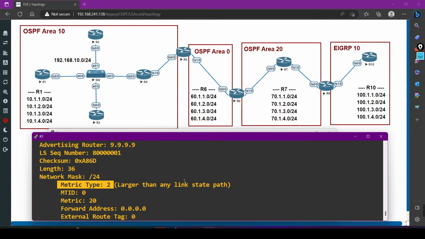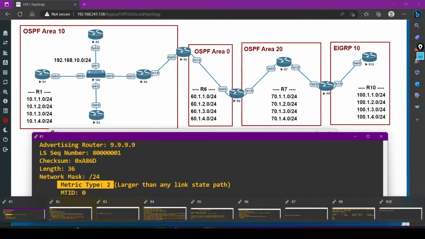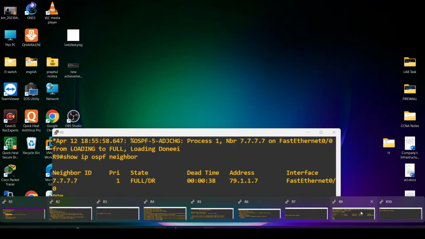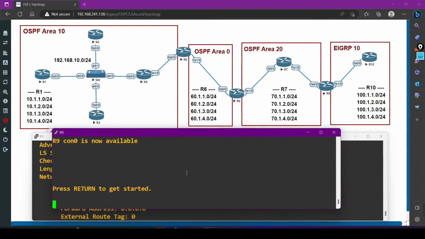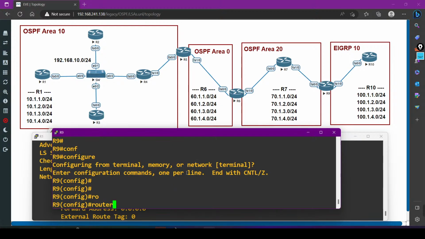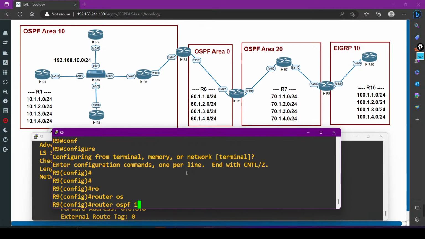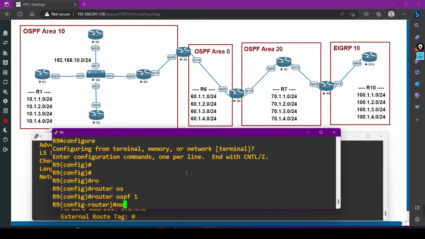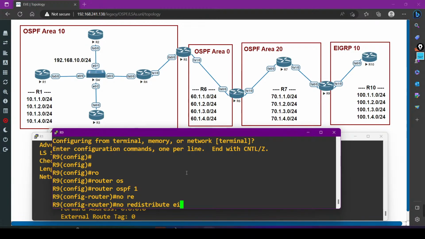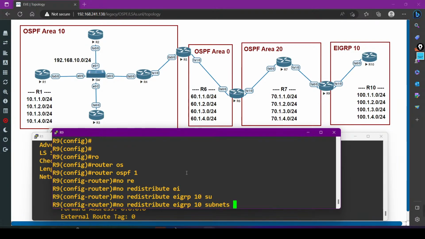But here, let me do one thing. Let me change the metric type on router number 9, because router number 9 is my ASBR. Yes or no? So what I am going to do here: config t, router OSPF 1, and no redistribute EIGRP 10 subnets.